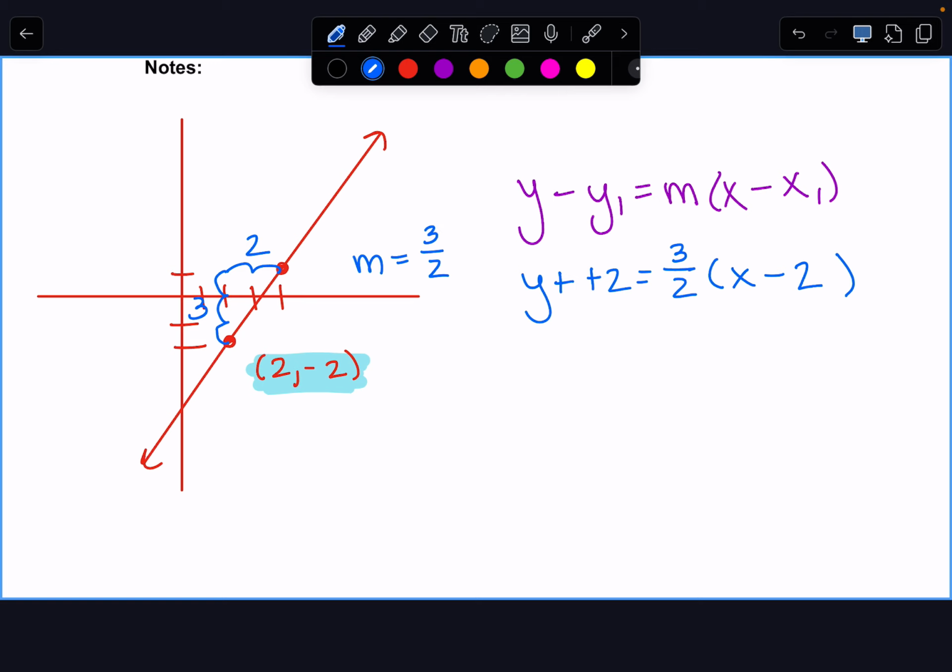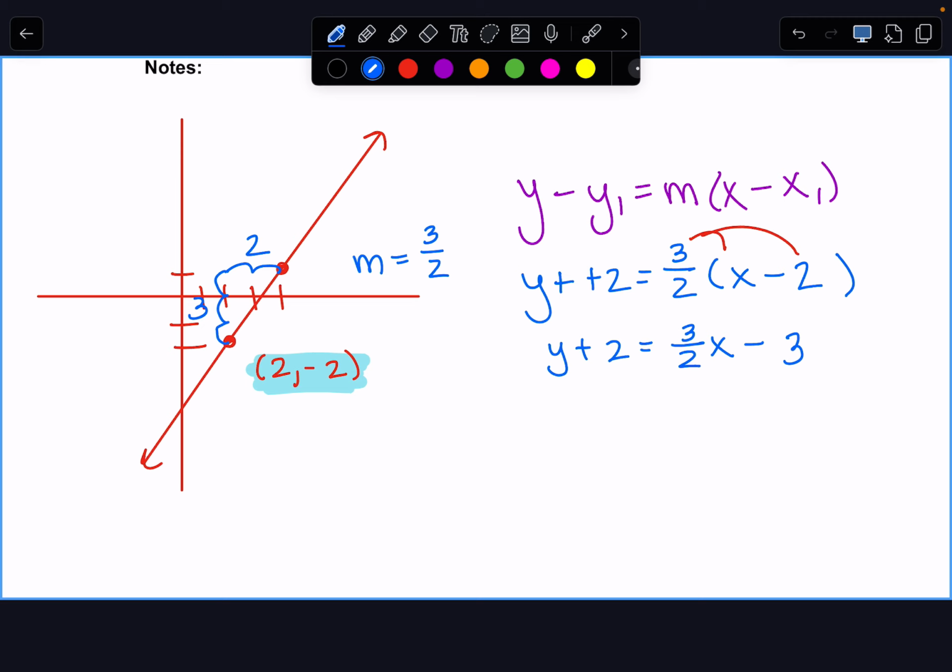What's the first one? Distribute. We're going to have to distribute. So let's take that slope, 3/2 times x minus, what's 3/2 times 2? Which is 3.